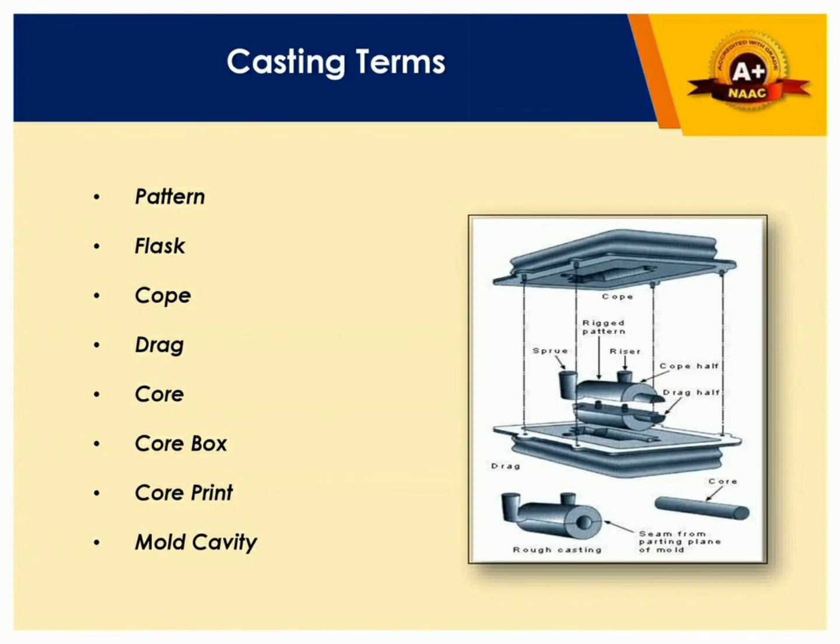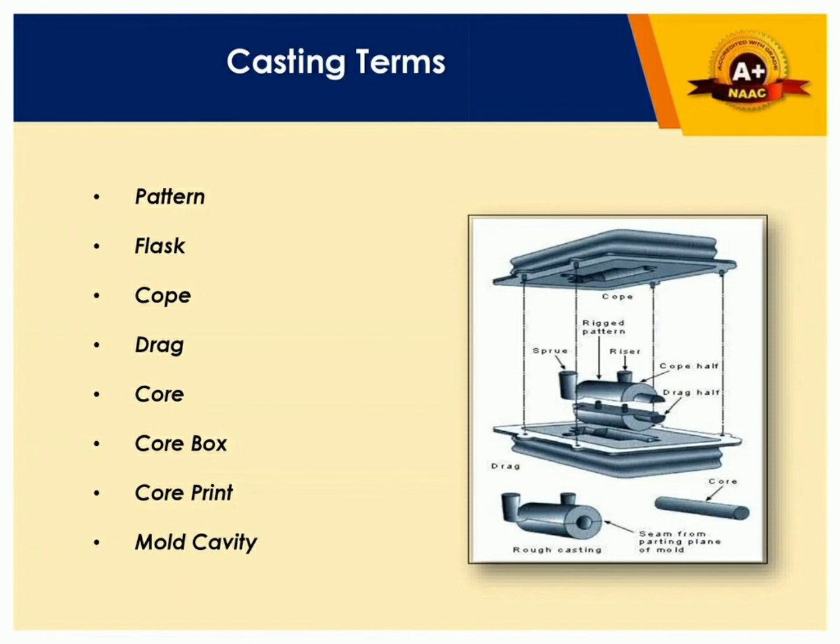From the pouring cup, the molten metal passes through the sprue, the tapered portion below the pouring cup or pouring basin. Then from the pouring basin, the molten metal moves towards the runner, and the runner gives the pathway towards the gate, and the gate is finally the entry to the mold cavity, where the molten metal enters and takes the shape of the exact fabricated part.